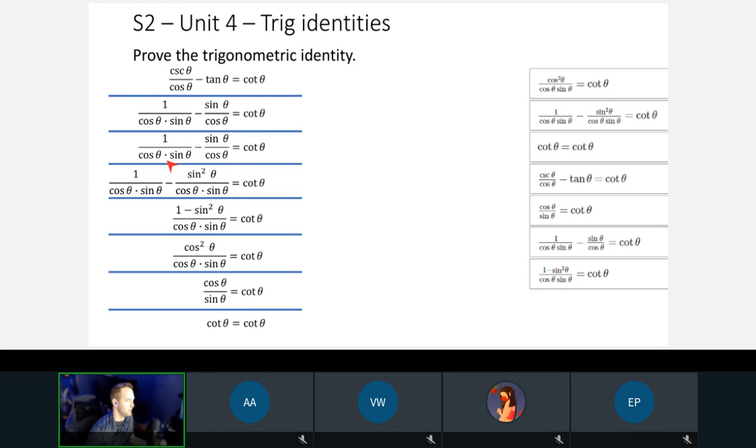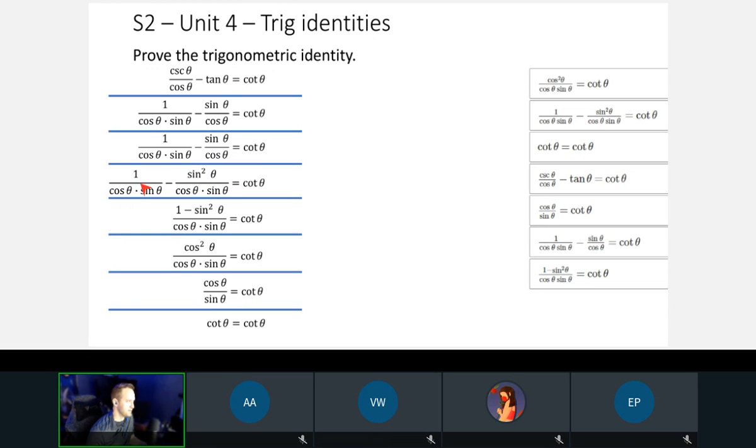This one is cosine times sine, but over here is just cosine. So we are missing the sine factor. What we do is multiply top and bottom of this fraction by sine theta. Sine theta times sine theta is sine squared theta. Cosine theta times sine theta is just that. So that's how you go from this step to this step.